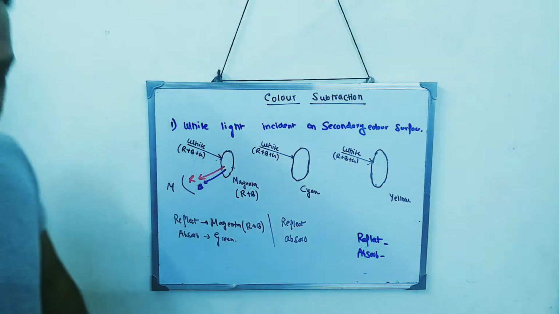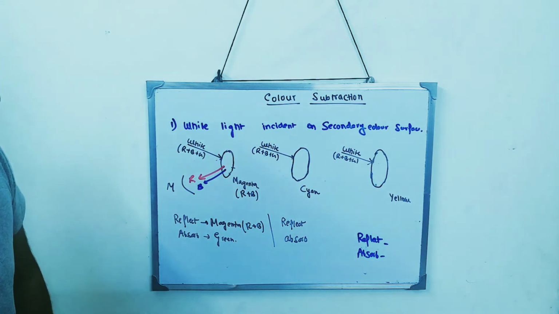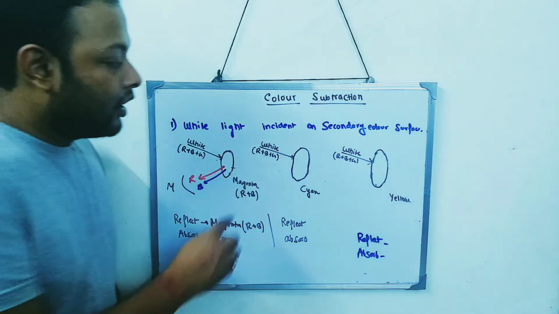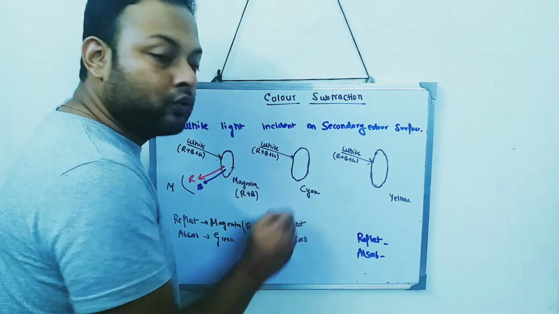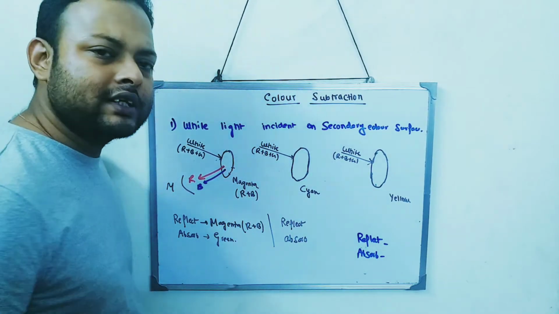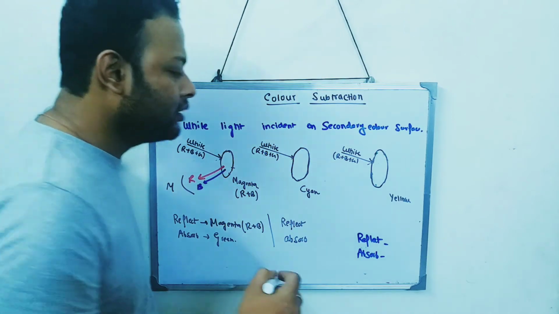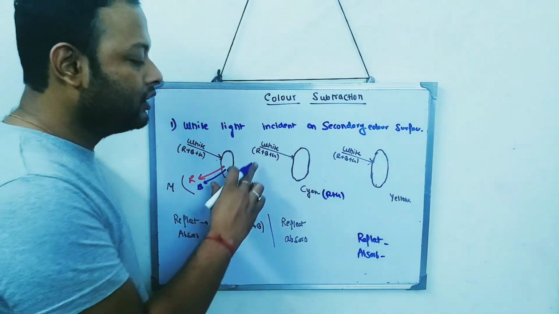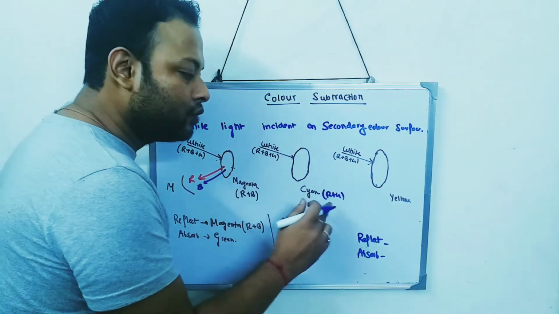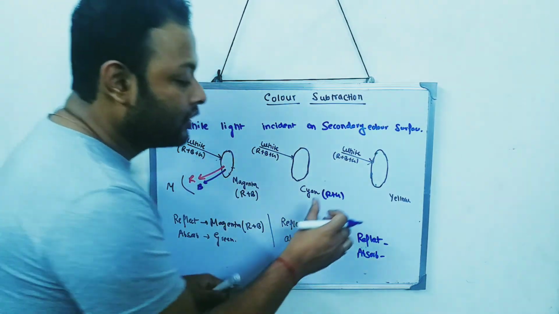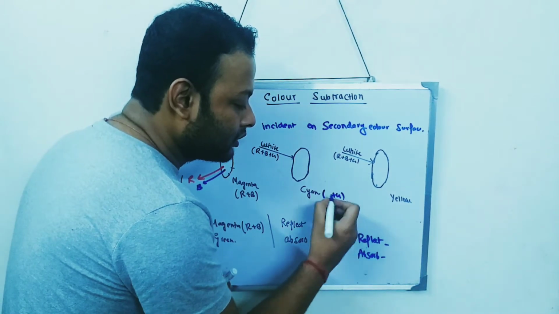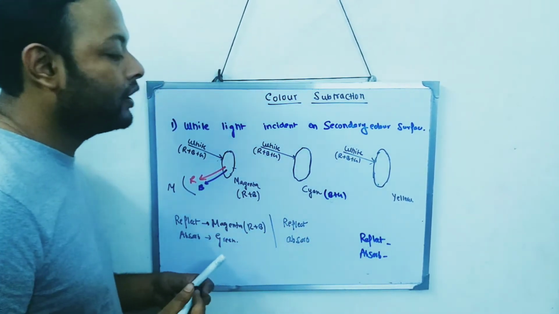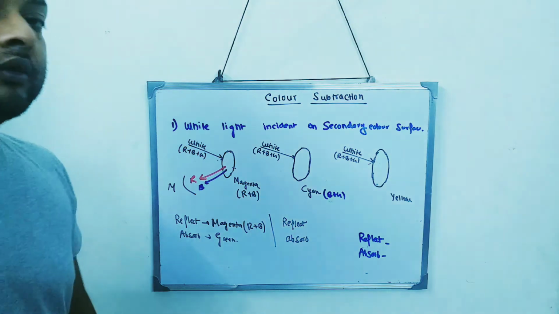Okay. Now you think about this situation, that a white light is coming towards cyan. What is cyan? Cyan is blue and green. Red, blue and green is coming towards blue and green.